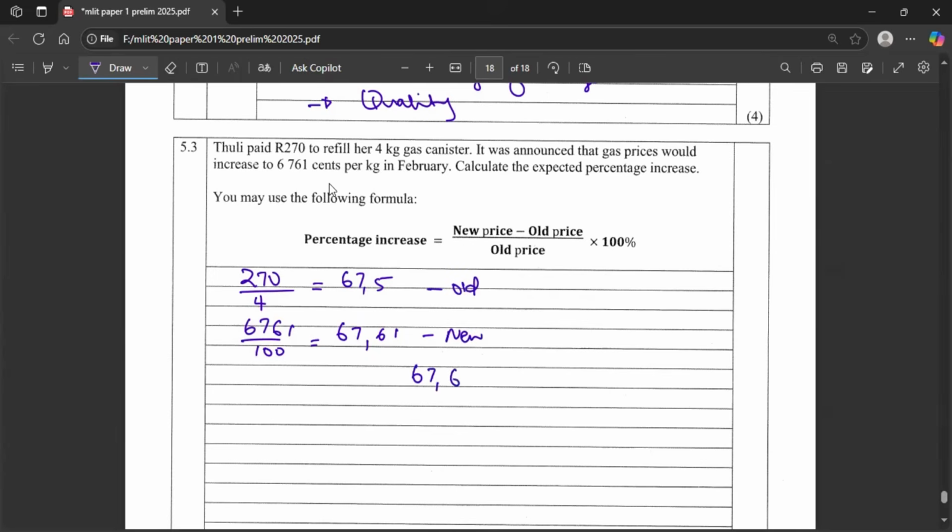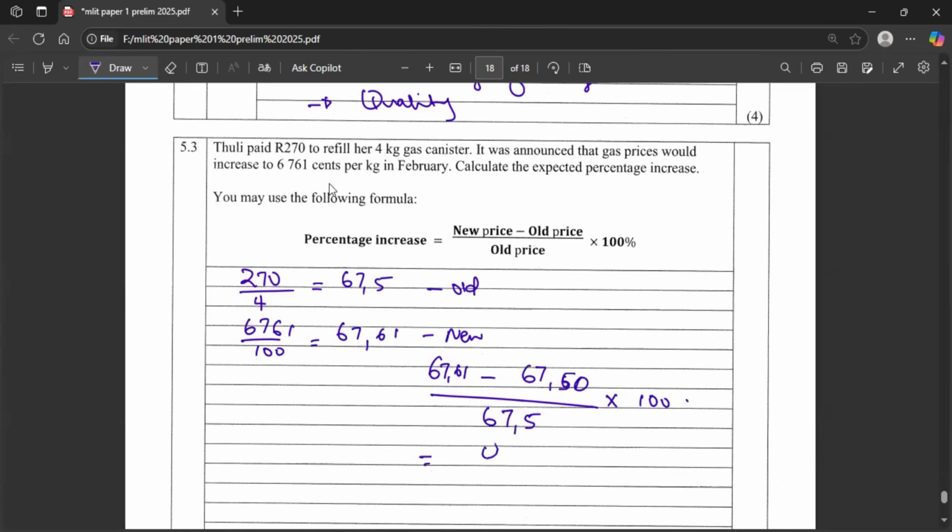Let's substitute: 67.61 minus 67.5, divided by 67.5, and then we multiply this by 100.